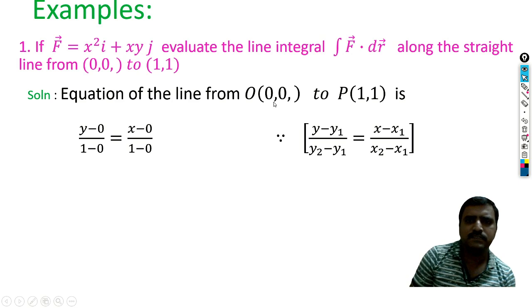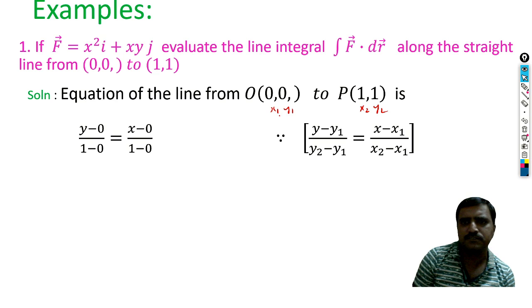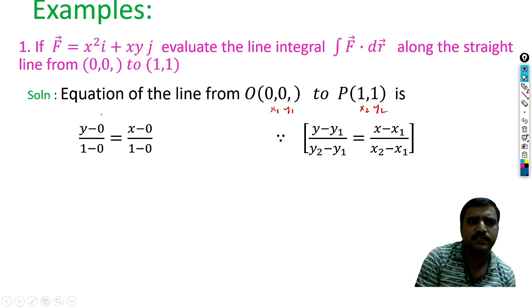Similarly here, if you take (0,0) as (x1, y1) and (1,1) as (x2, y2) and apply this formula, y minus 0 by 1 minus 0 is equal to x minus 0 by 1 minus 0.